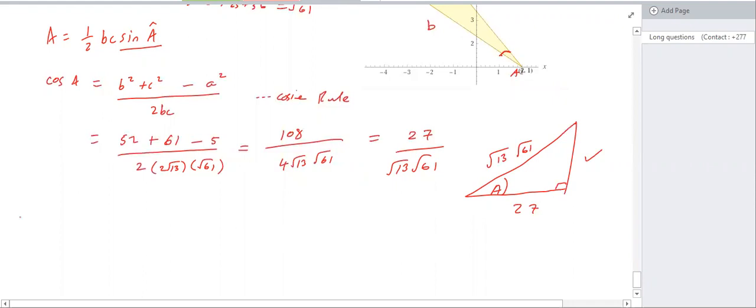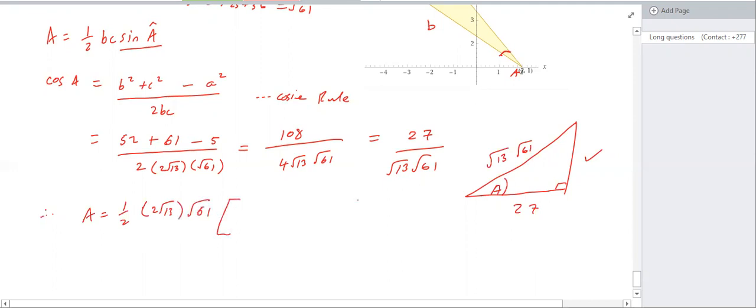So the area is equal to half bc. bc is the square root of 52 times the square root of 61. The square root of 52 was 2 root 13, times the square root of 61.